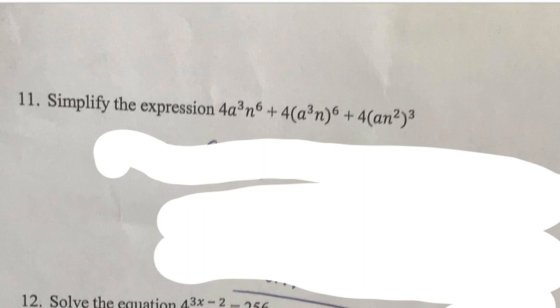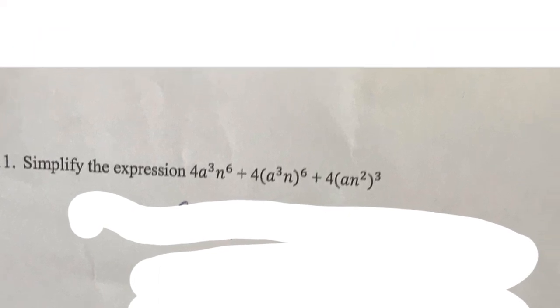Okay, so looking at problem number 11, simplify the expression. That looks terrible. So what we would do is take advantage of the fact that there are really 2 laws that my student needs to know. Number one, anytime you have an exponent on the outside like that, it gets applied to both of the things.